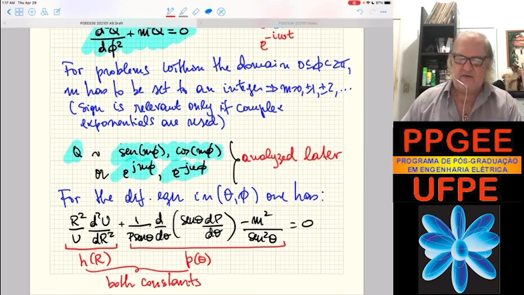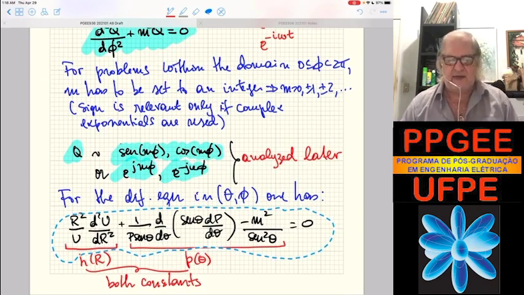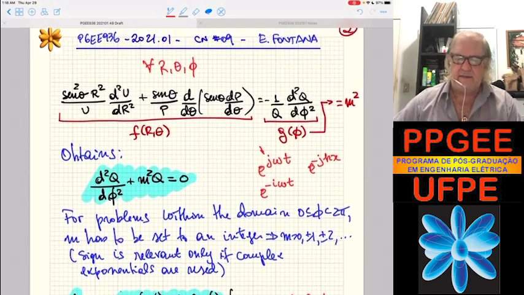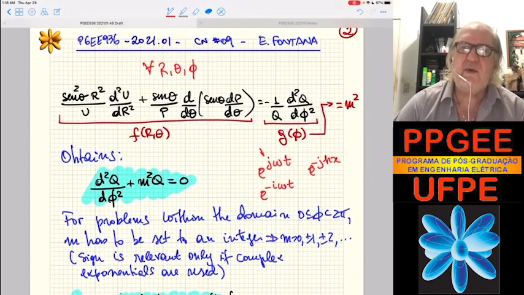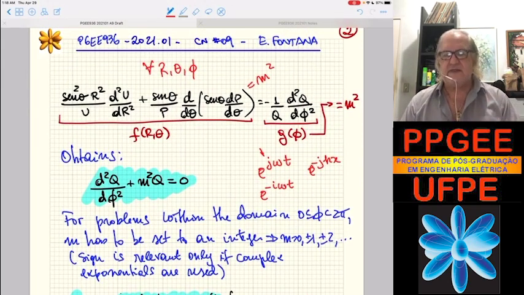What remains now for the differential equation is to solve this equation here. When we assign this equal to m squared, we have a second separation, right?